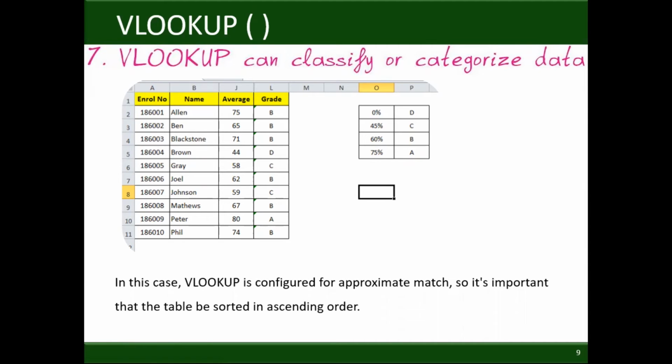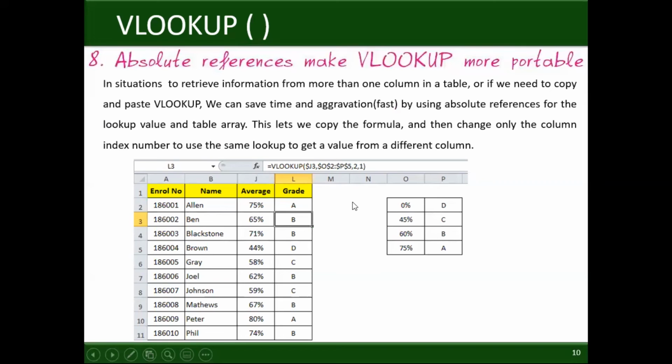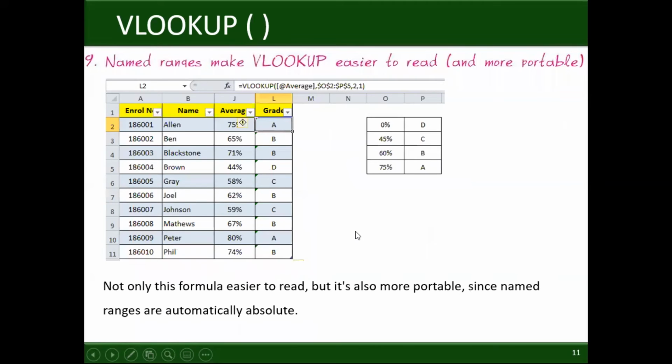If you are using approximate match, the table array must be in ascending order. Keep in mind, otherwise it displays wrong information. Also, if you are dragging, keep in mind the table array must be put in absolute reference, by placing a dollar sign. That gives a more flexible answer. So make it an absolute reference, and it gives the correct answer.